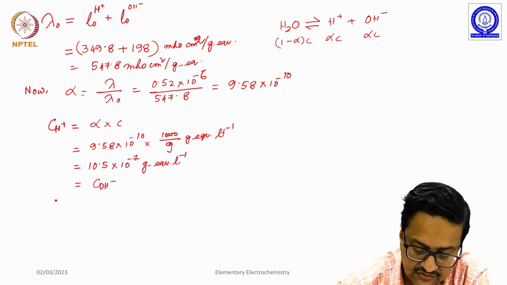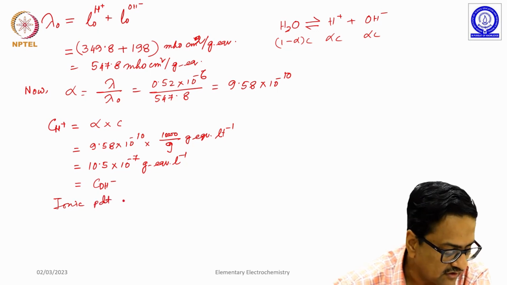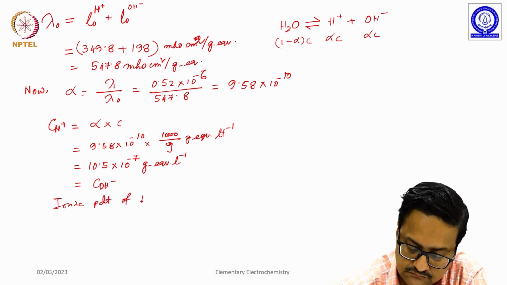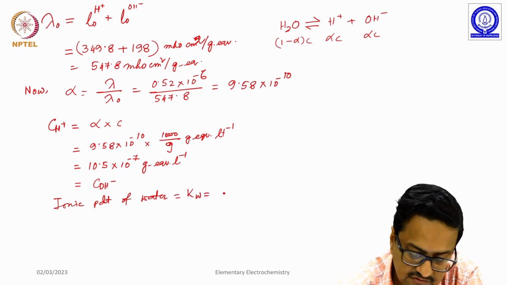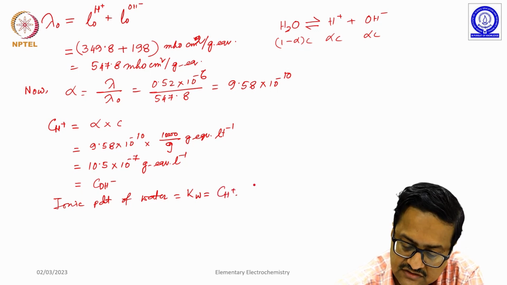So, then one can calculate the ionic product of water as equal to Kw, which is CH plus into COH minus.